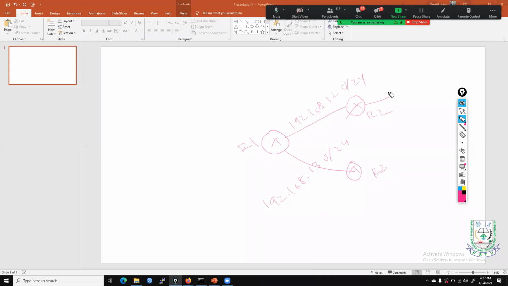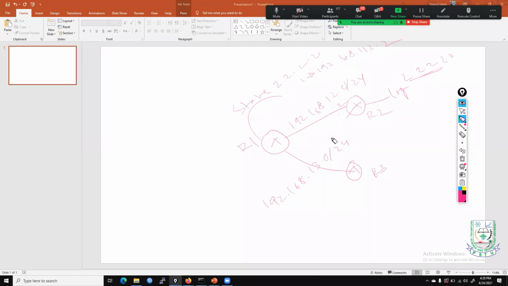Behind R2 there is a loopback, let's say 2.2.2.2. To reach this loopback, R1 has a static route to 2.2.2.2 with the next hop address 192.168.12.2.